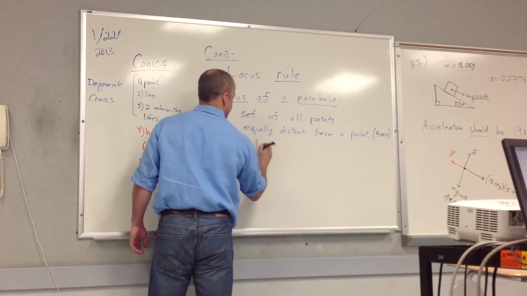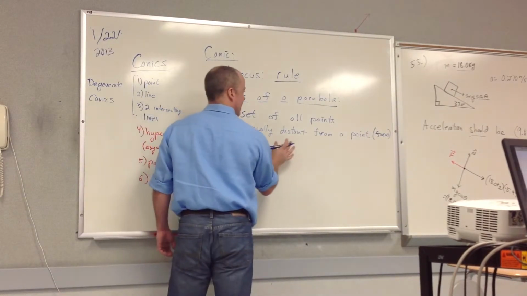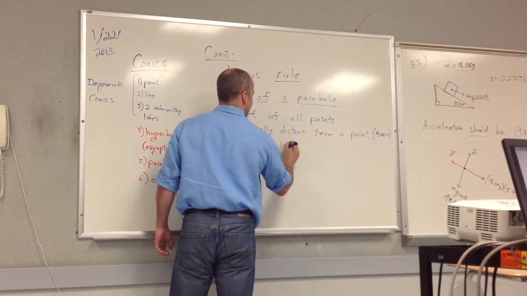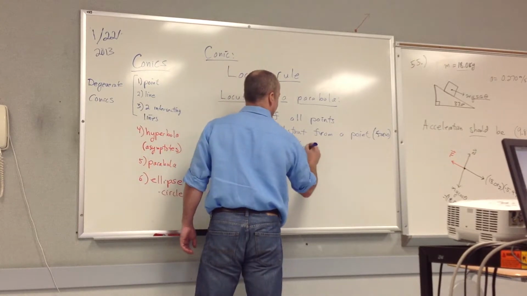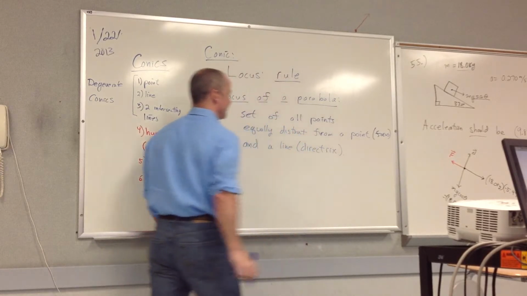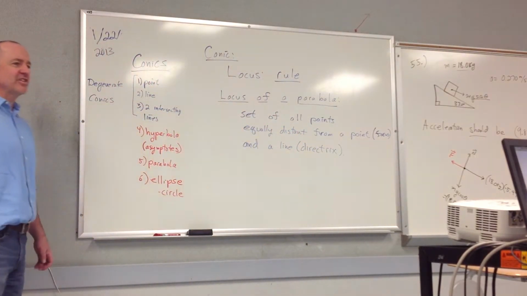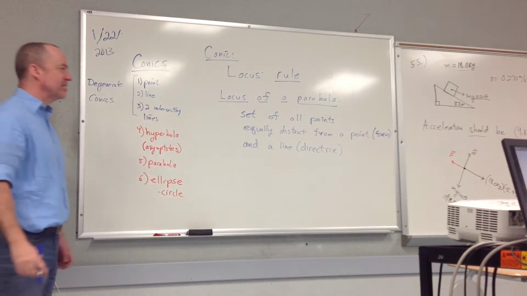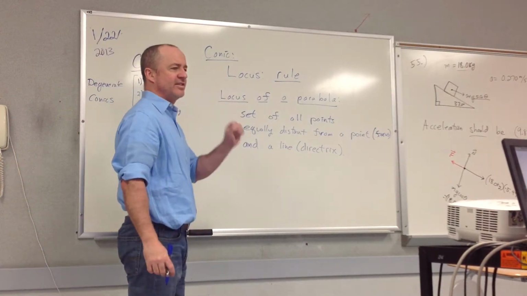Focus and locus. From a point and a line, and that line is called a directrix. A parabola is actually the set of all points that are the exact same distance from some point and some line.